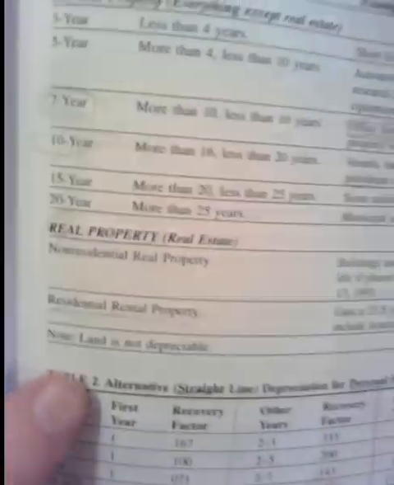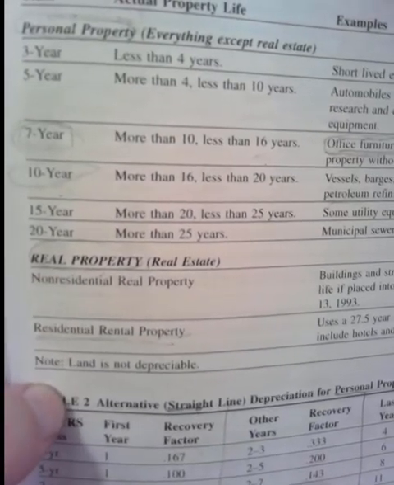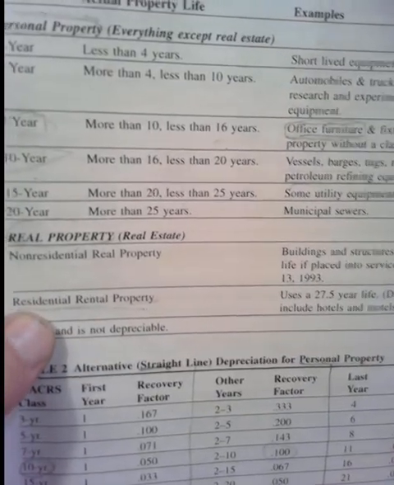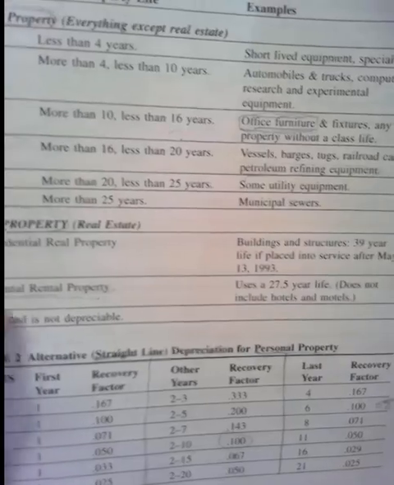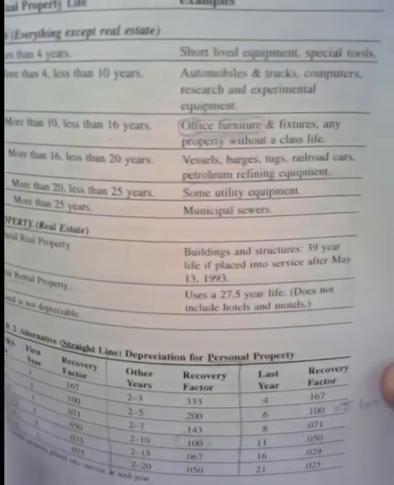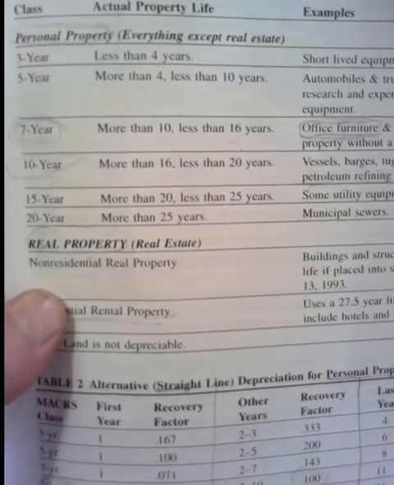So here it says, when it comes to real property, you have residential and non-residential. So an industrial building definitely is not residential, right? So we stick to non-residential. It says buildings and structures. It doesn't say industrial building literally, but you only have two options, residential and non-residential.